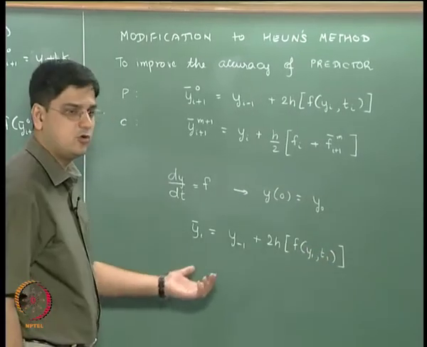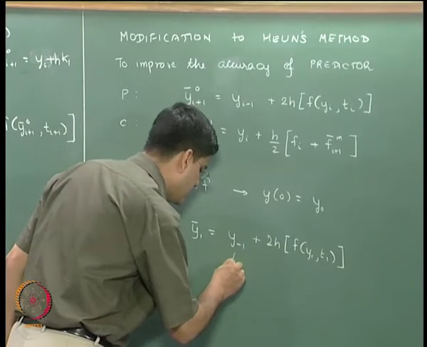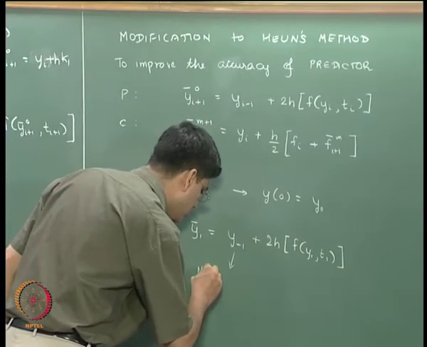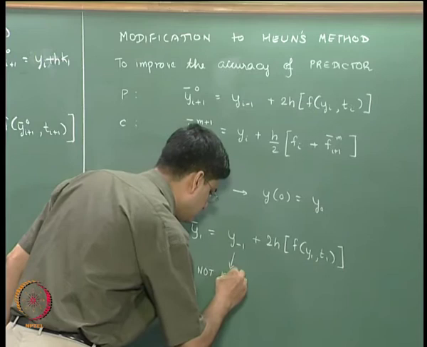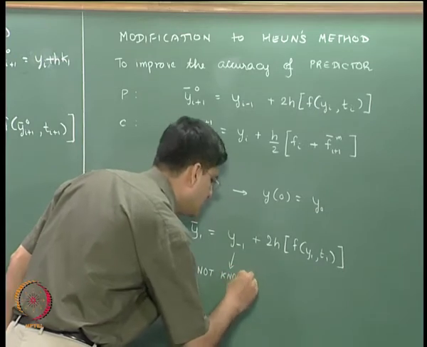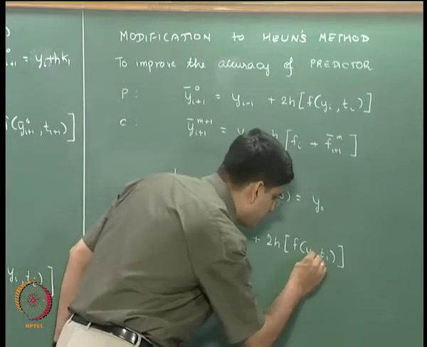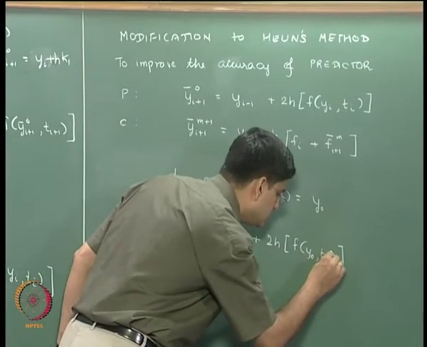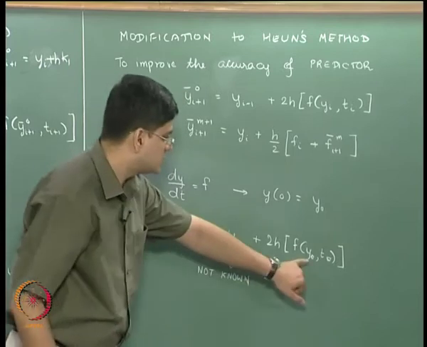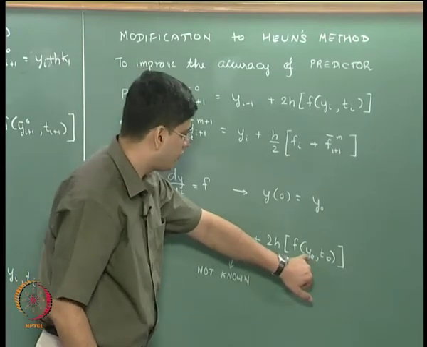But now, the problem over here is y minus 1 is not known. We have started with an initial condition for y0.